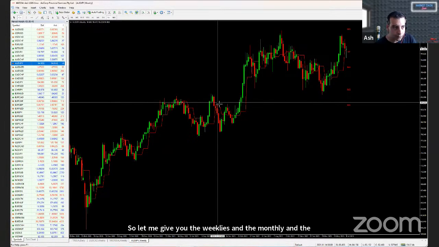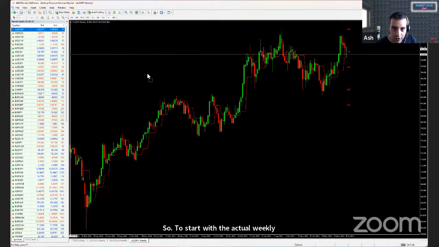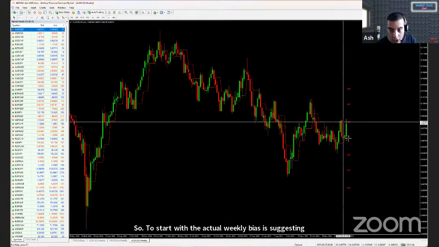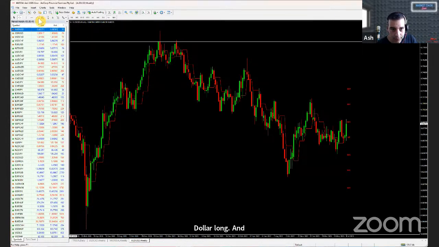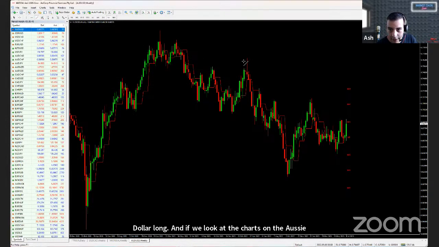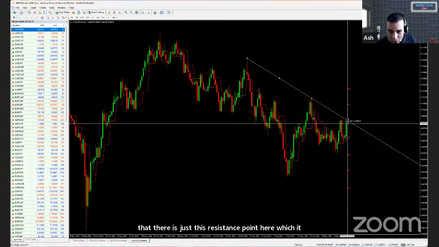To start with, the actual weekly bias is suggesting that we should be looking for Aussie dollar long. If we look at the chart on the Aussie dollar, on the weekly chart, we can see there is this resistance point here, which it hit and rejected. For us to get long on the Aussie dollar, there's not that much to go.